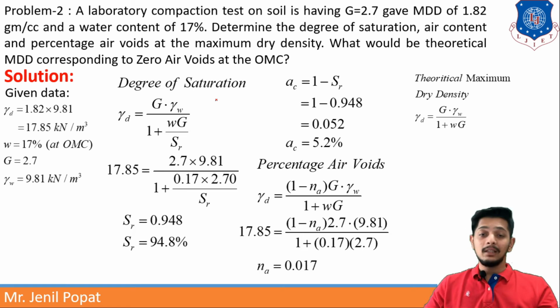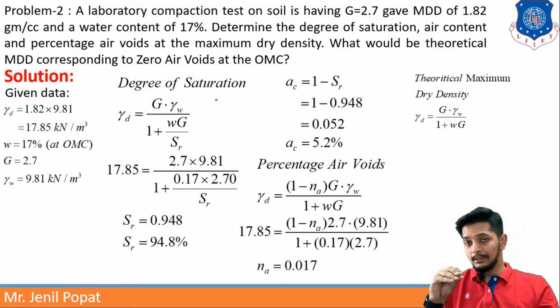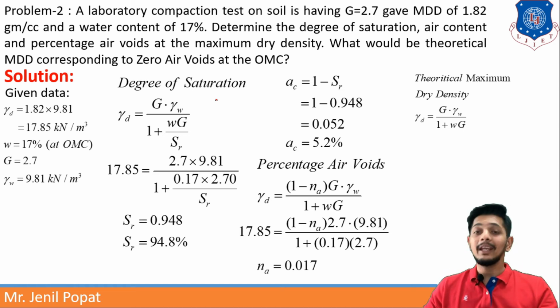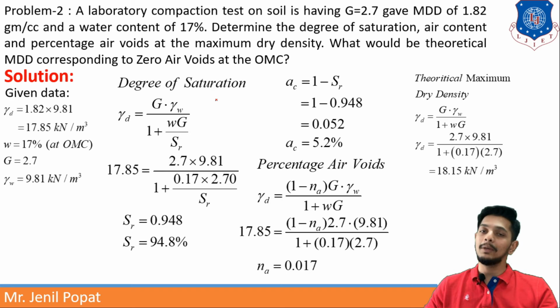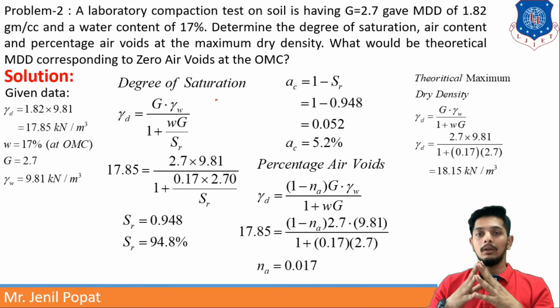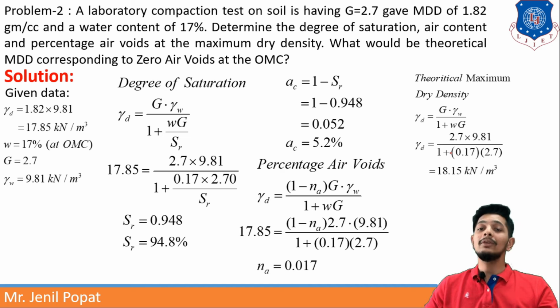Moving forward to next thing, that is theoretical MDD, maximum dry density, but theoretical. How to find that? We will use formula gamma D is equal to G into gamma W upon 1 plus Wg, where I'll keep gamma D unknown as I have the practical value, but I want to find out theoretical. So gamma D is unknown, G is 2.7, gamma W 9.81, W. At what W will it come as theoretical maximum dry density?